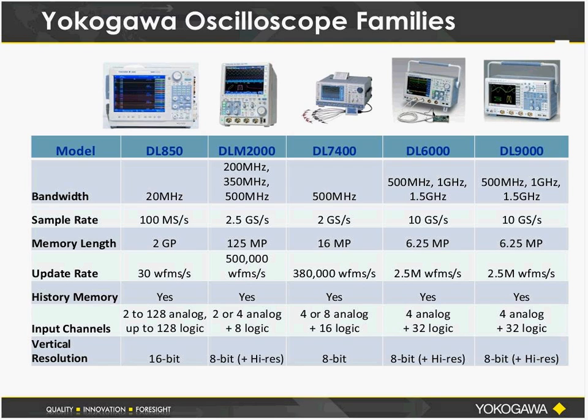You'll see the three key specifications we talked about: bandwidth, sample rate, and memory length reflected here in this chart, as well as update rate, memory segmentation, or history memory, as Yokogawa calls it, input channels, and vertical resolution. So these are all important factors that will tell you if this instrument is suitable for what you're trying to measure, whether it's more of a mechatronic, lower speed application, or more of a device characterization, higher speed application.